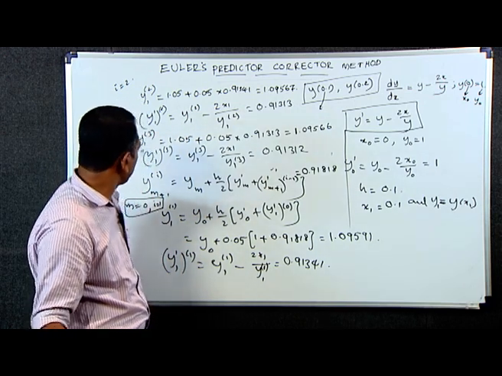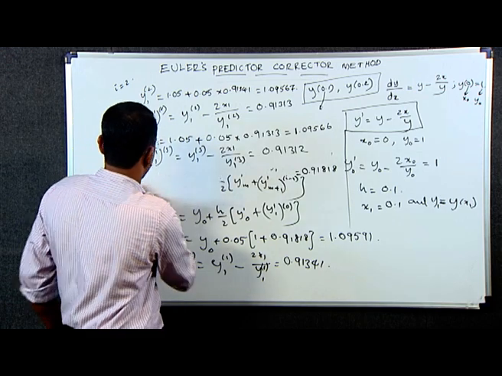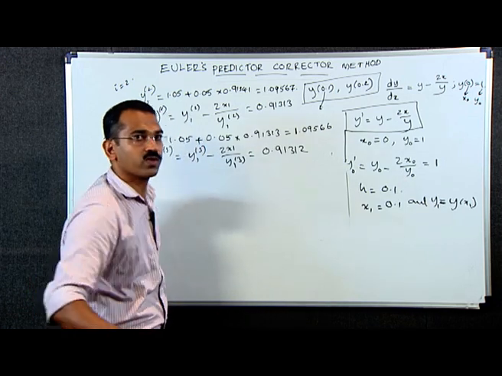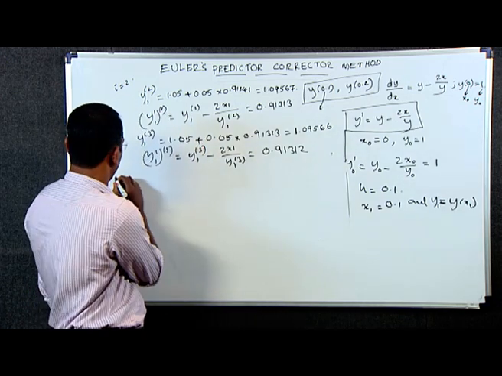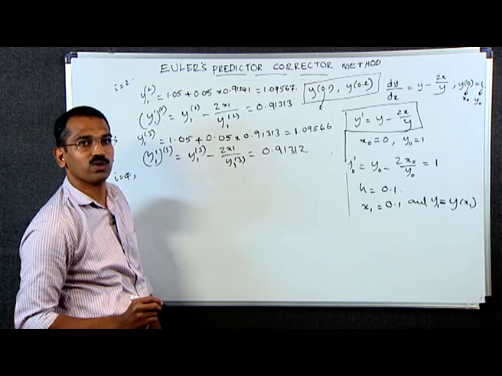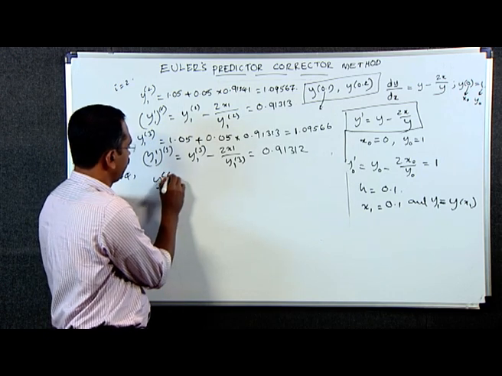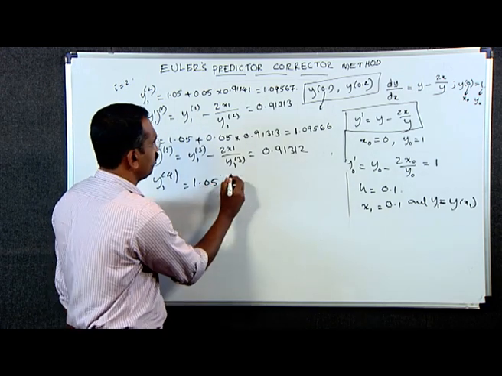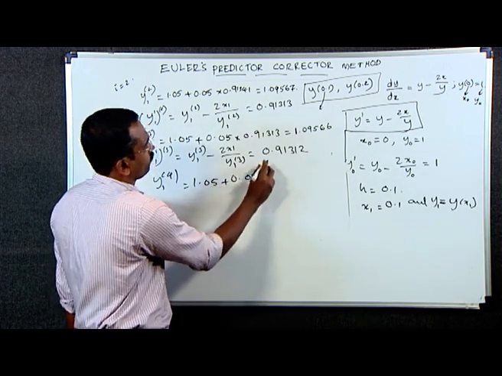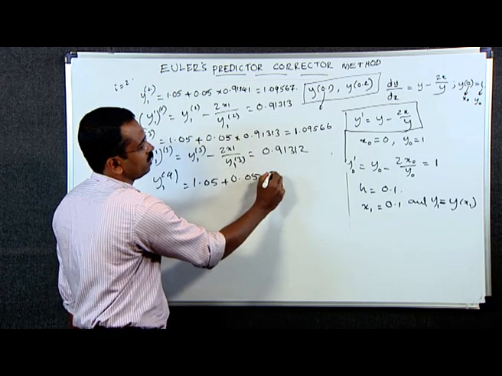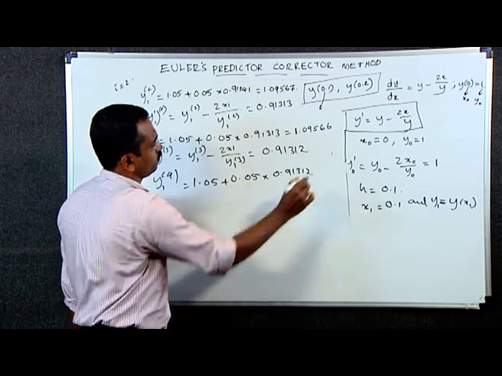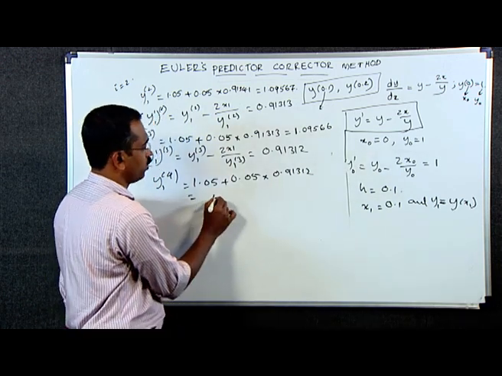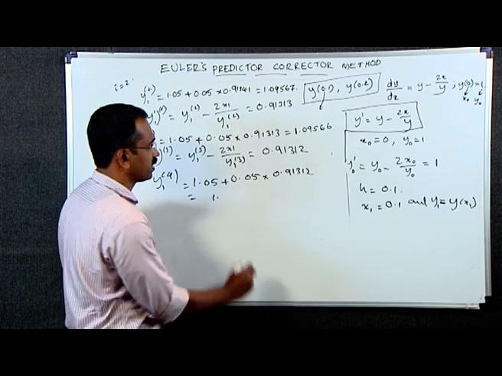Taking i is equal to 4, when i is equal to 4, we will get y1 4 as 1.05 plus 0.05 into 0.91312. On simplification, this is equal to 1.09566.